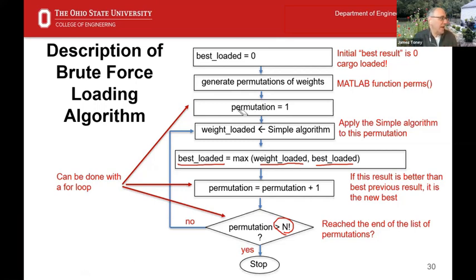Okay, you don't actually have to do permutation equals 1, permutation equals permutation plus 1, because that happens automatically with the for loop. And the same here. Okay. You don't have to explicitly say n factorial anywhere. That's just how many permutations you're going to have.